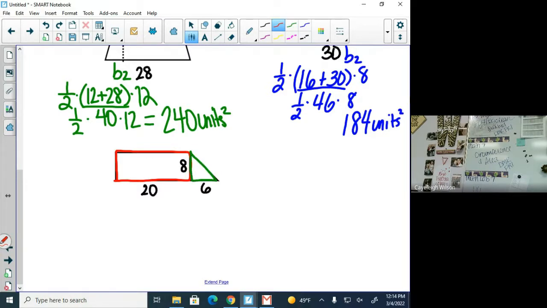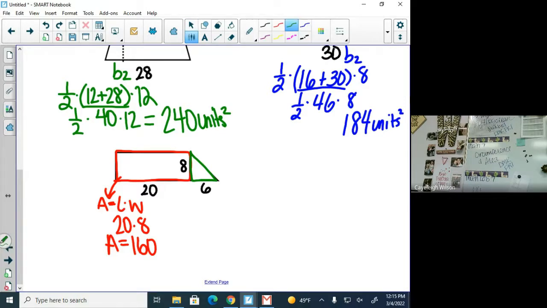So what I'm going to do is I'm first going to find the area of the rectangle. Area of a rectangle is length times width. So area of this rectangle is length times width. So 20 times 8 is 160. Is everybody okay on that? Yes. Okay. Then I go over here to this green.